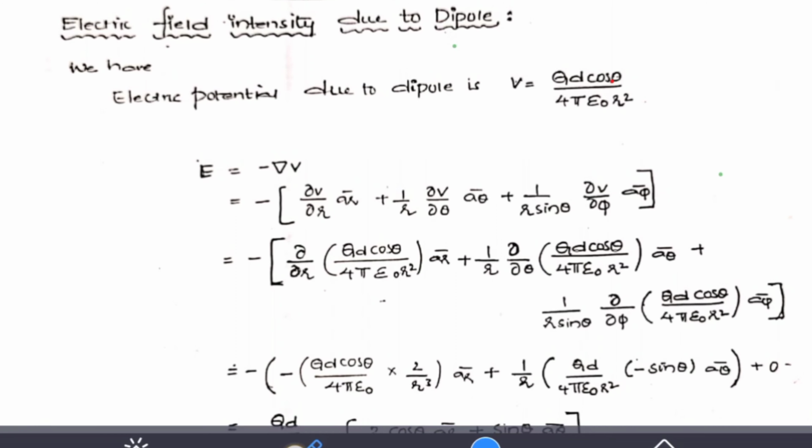The electric potential due to a dipole, which we already derived, is QD cos theta by 4 pi epsilon naught R square.